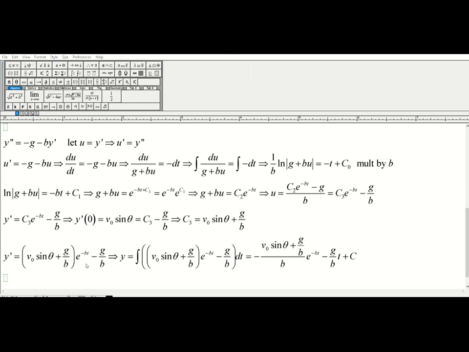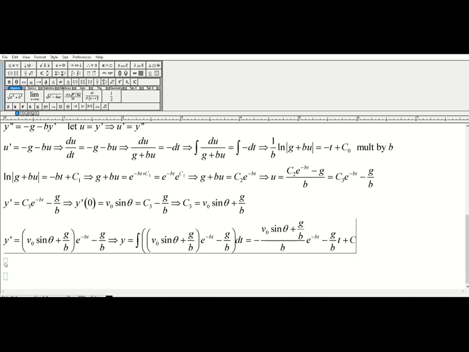When we plug in our constant and set ourselves up to integrate that, we can integrate it directly. This is just an e, and this is just a constant, and then we get a new constant of integration. Let's plug in our initial condition now, so we know that y of 0 is y naught.